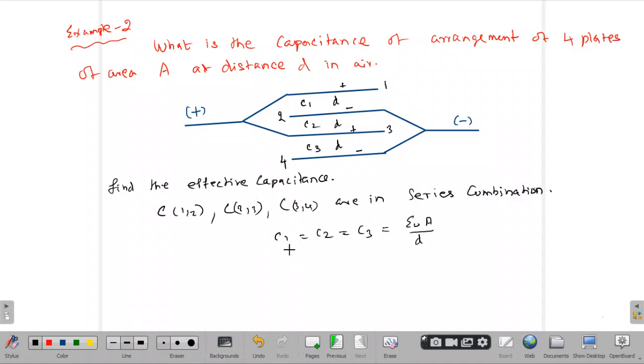Dear student, here what we have discussed is series, but this is not actually series. Why? Look at the first capacitor, plate 1 and plate 2.